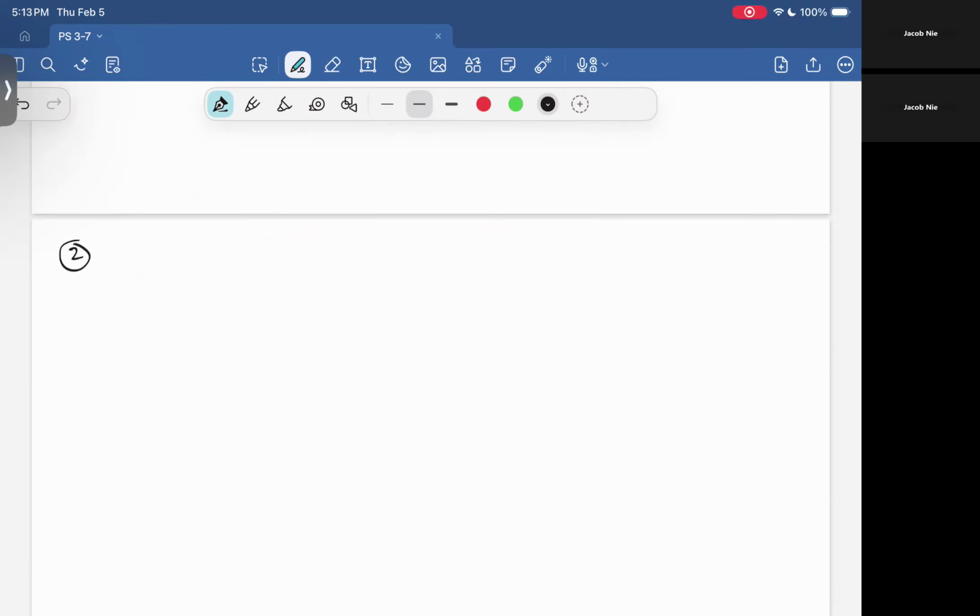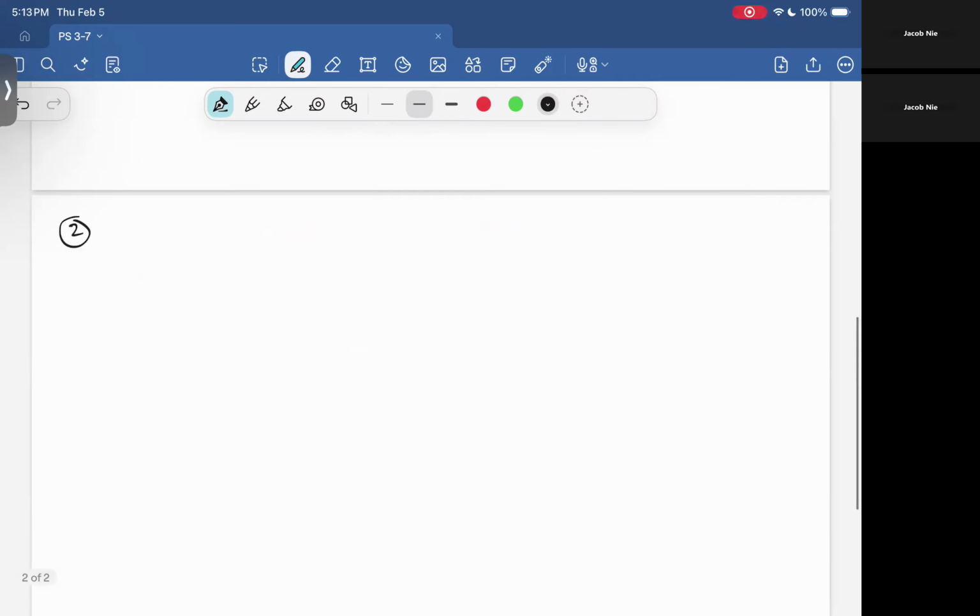Question 2, find the length and width with the area 49 and minimum perimeter. I think this was on the classwork, wasn't it? So a rectangle XY, we're given that the area is 49. So let's try to get this in terms of one variable.